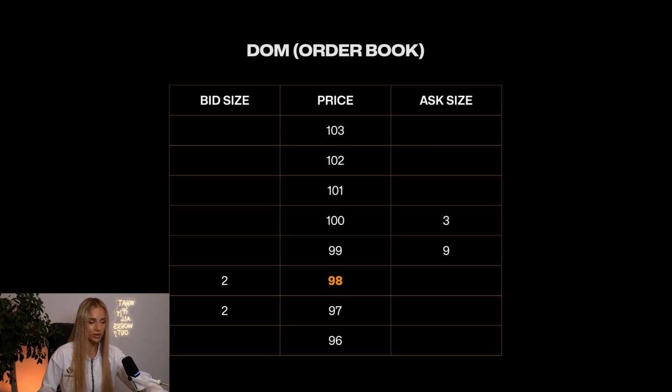And therefore, this is what happens when there are not enough limit orders to absorb an aggressive order. Let's say, as an example, there are only 2 buy limits left at 98, and an aggressive seller comes in who wants to sell 3 contracts. So he clears both buy limits at 98, but he still has 1 contract left. There are no more buyers at 98, so the market has to move down to find the next available buyer.